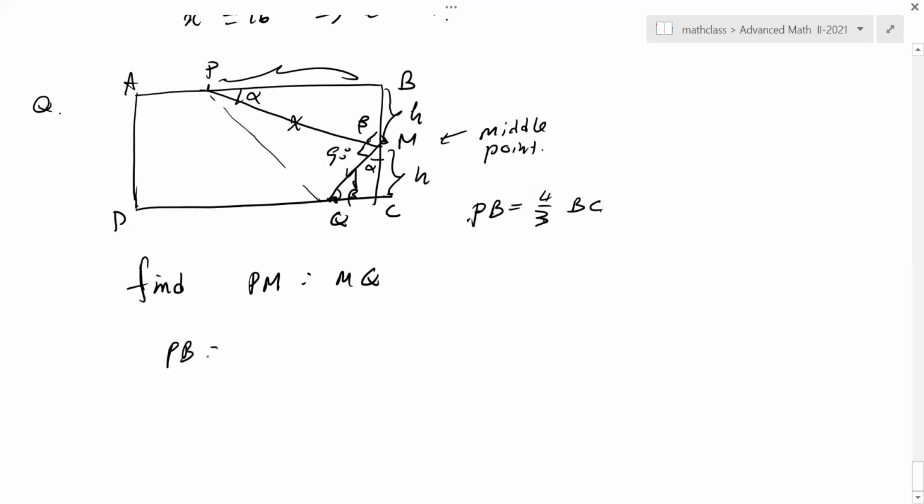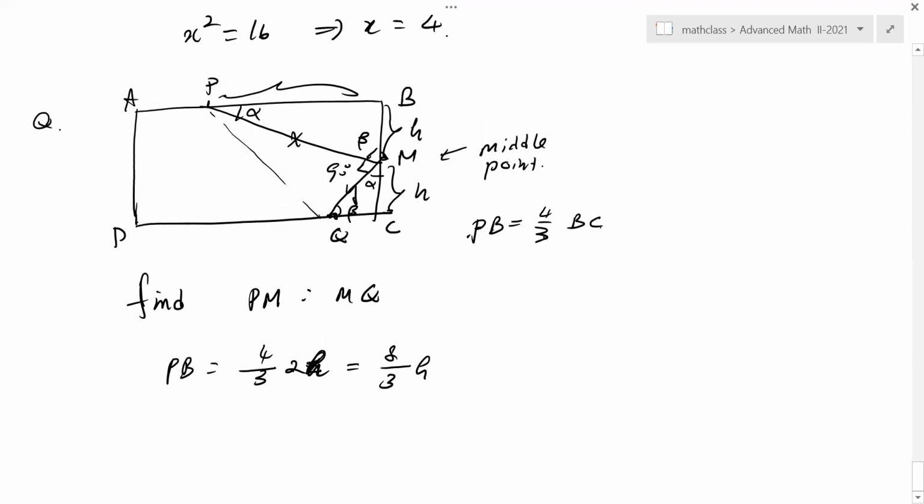PB is going to be 4 over 3 of BC, and BC is 2H, so it's going to be 8 over 3 H.